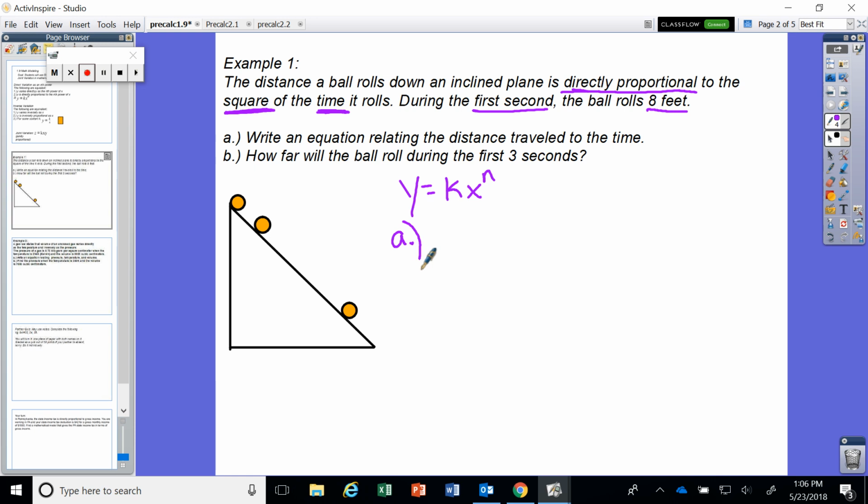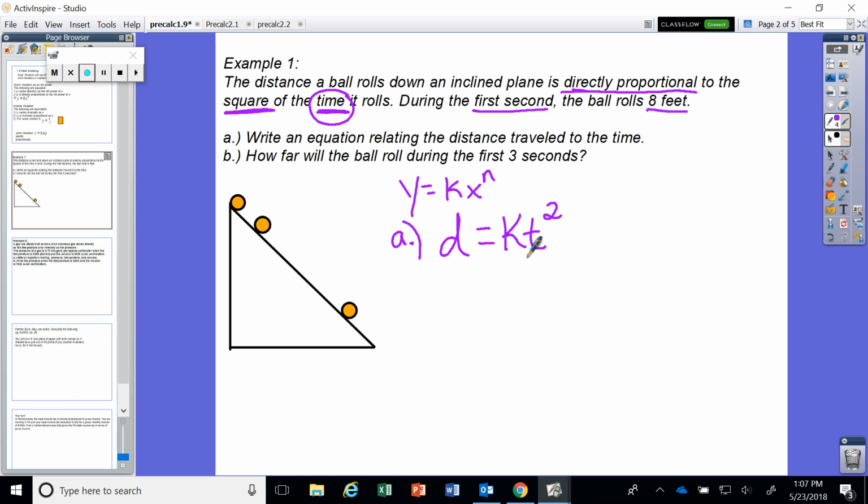The distance a ball rolls is directly proportional to the square of time, so the distance will depend on the square of time. But you can't forget the constant of variation. So the distance is equal to k times t squared. Hopefully you're still with me. Now, what do I utilize this for?